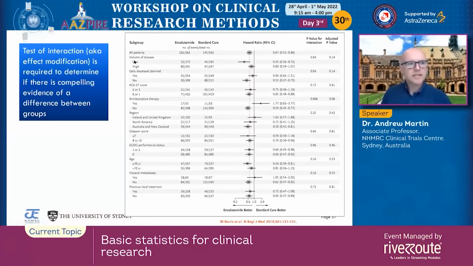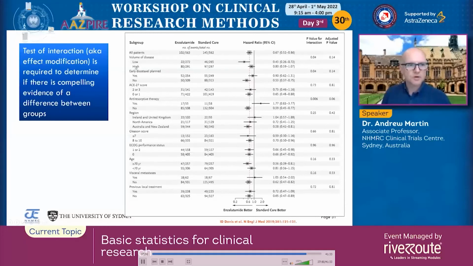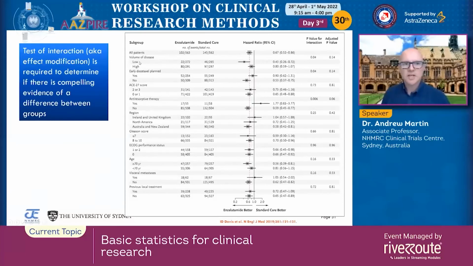And now you can see the full trial cohort split into various subgroups. So let's pick on this first one here, volume of disease. So we've got individuals categorized as having low volume of disease or high volume of disease. And you can see a hazard ratio for those in the low volume of disease subset and a hazard ratio for those in the high volume of disease subset.